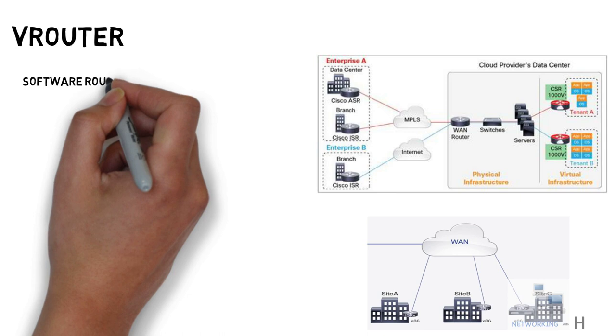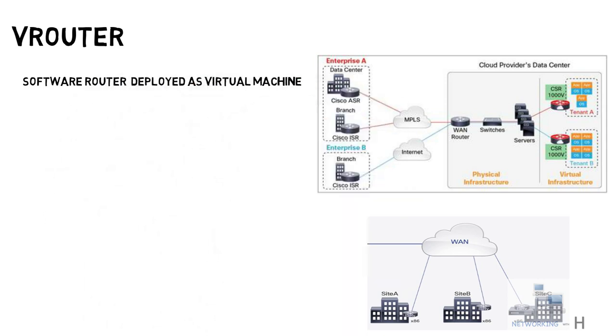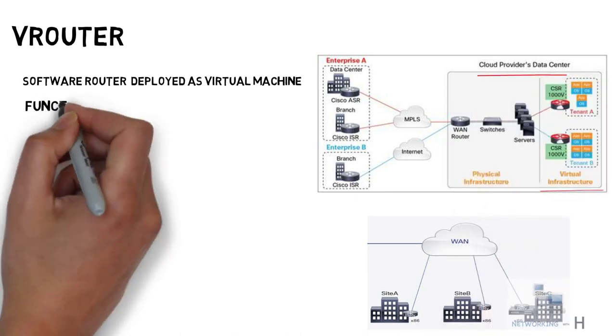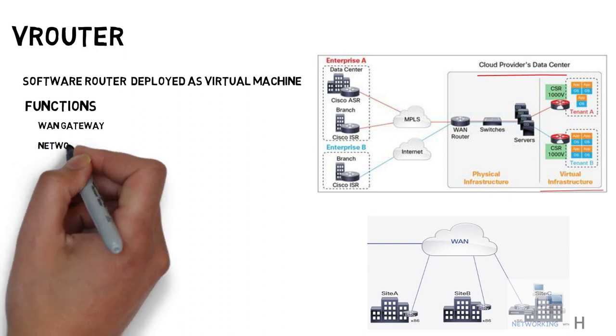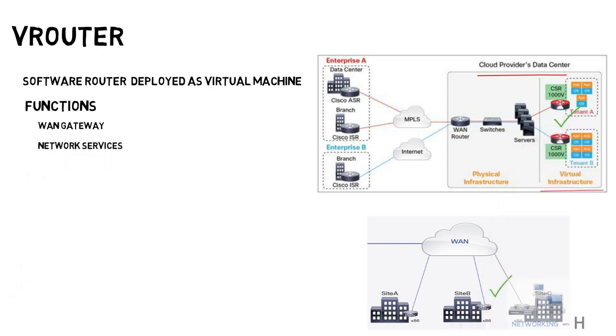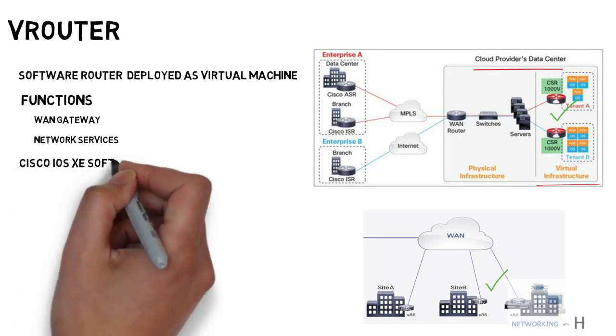Next up is the vRouter, or virtual router. It is a software router that an enterprise or a cloud provider can deploy as a virtual machine in a provider-hosted cloud or in its own virtual environment. It delivers comprehensive WAN gateway and network services functions into virtual and cloud environments. It uses industry-leading Cisco IOS XE software.